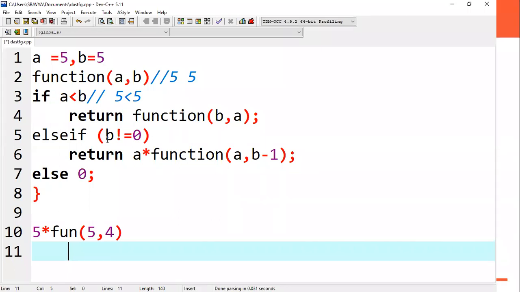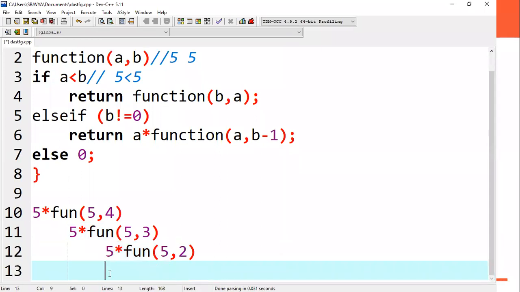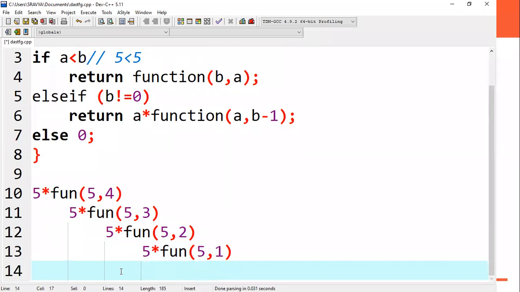It comes to the else if part: B not equal to 0, true. Again it will call 5 into fun of 5 comma 3, then 5 into function of 5 comma 2, then 5 into function of 5 comma 1, and for 1 again it will call 5 into function of 5 comma 0.